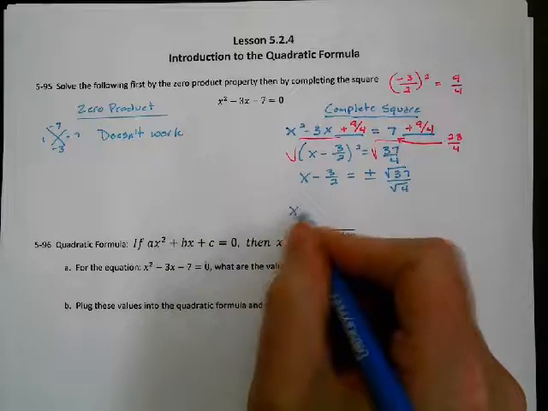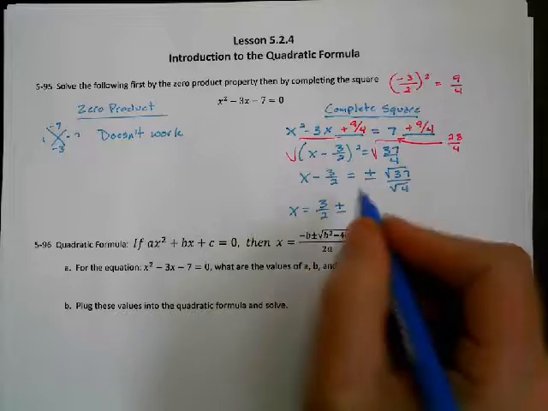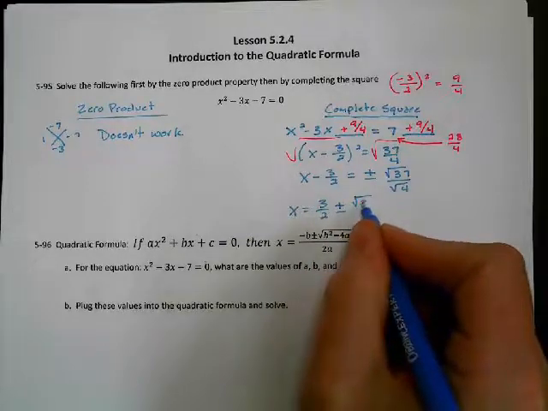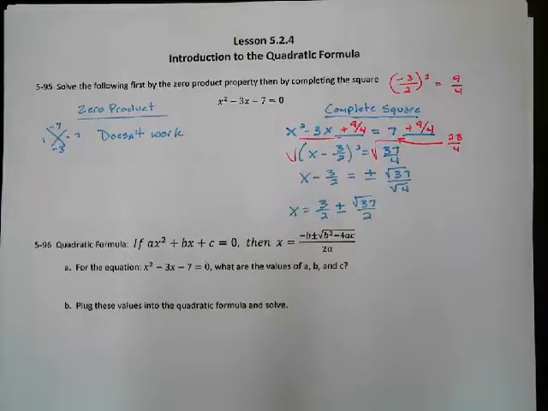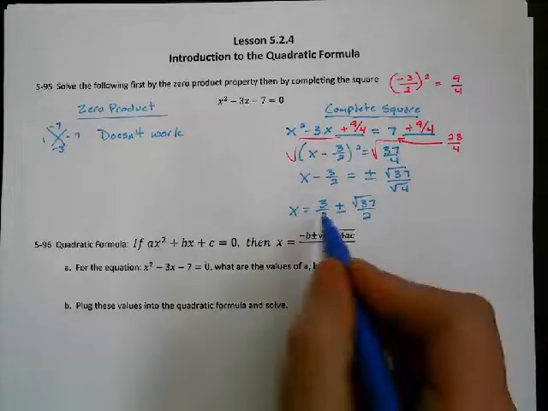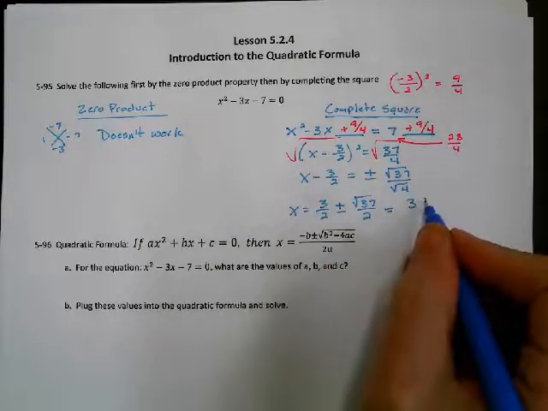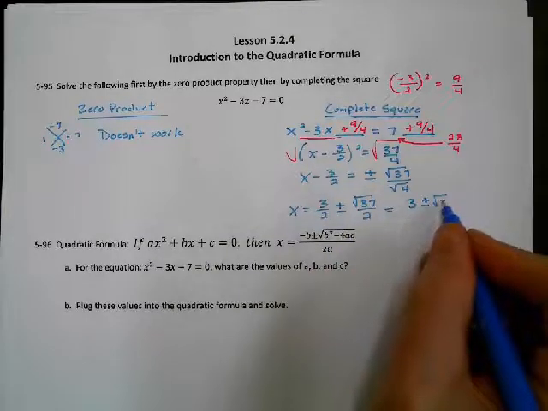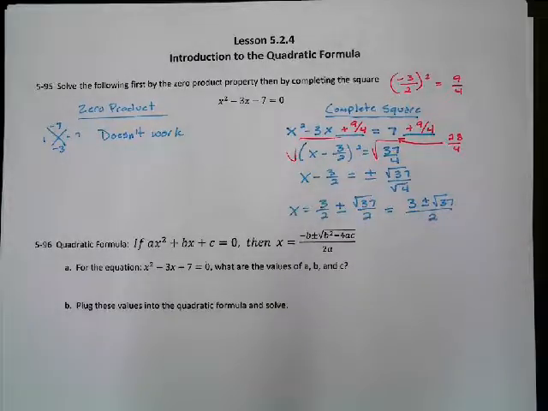And I get x equals 3 over 2 plus or minus square root of 37. Square root of 4 is 2, so I can change that to 2. Since these are both over 2, it's okay to write this as 3 plus or minus root 37 all over 2. So it gets a little bit ugly in there because I've got fractions.